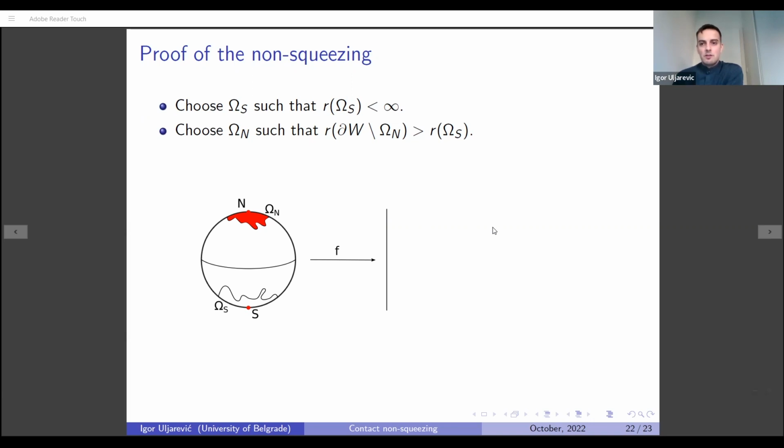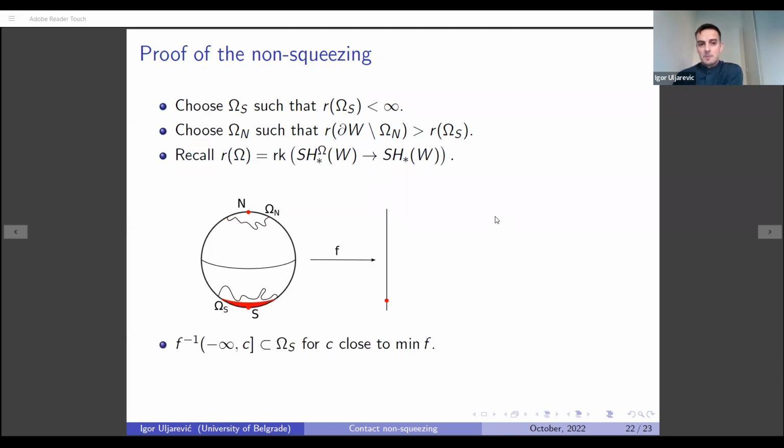Then if I choose the value of the Morse function to be sufficiently close to its minimum, then its sublevel set will be contained in omega S. And therefore, this sublevel set will have rank less than or equal to the rank of omega S.